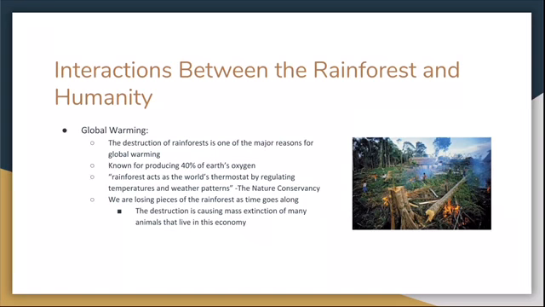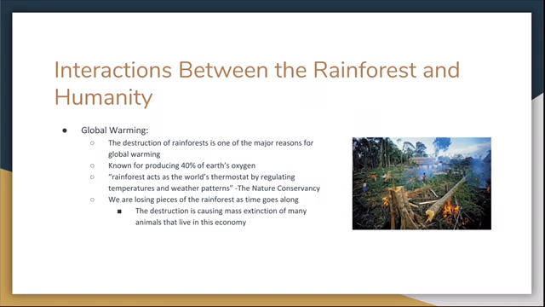This is because the rainforests are known for producing 40% of Earth's oxygen, because water has oxygen in it, and rain, lots of rain, you know. And a quote from the Nature Conservancy is, "Rainforest acts as the world's thermostat by regulating temperatures and weather patterns," which I believe is true because of the global warming coming from the destruction of them.